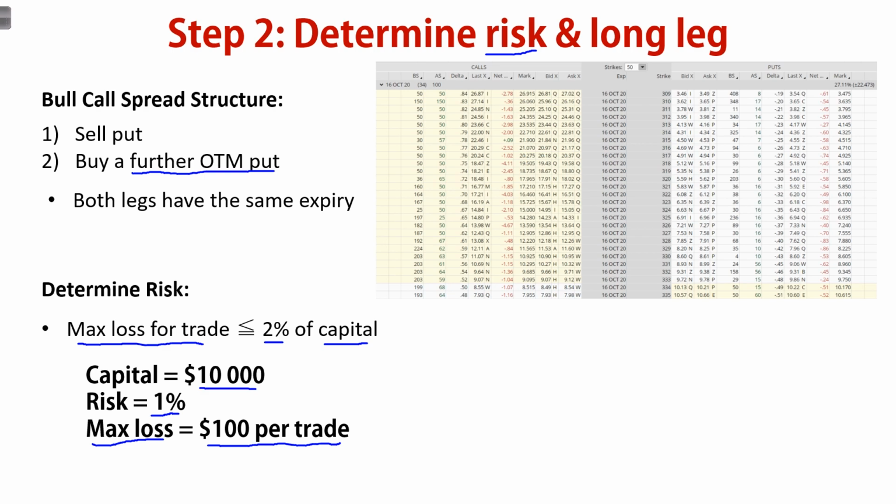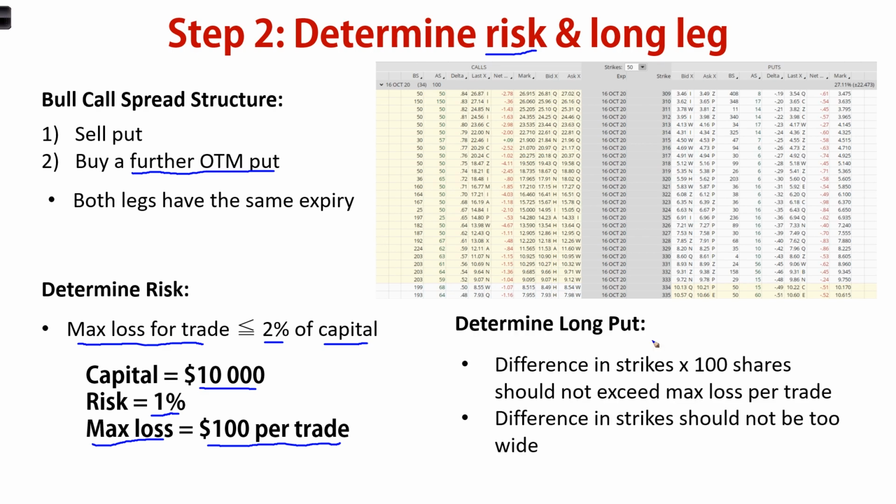Next, let us take a look at our long put. You can determine the long put in such a way. The difference in the strikes between your short and the long put, multiplied by 100 shares, should not exceed your max loss per trade. In other words, when you take your max loss per trade, which is $100, and you divide this by 100 shares, what you get is $1.